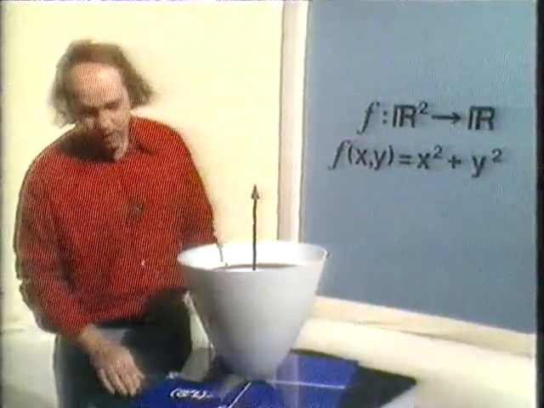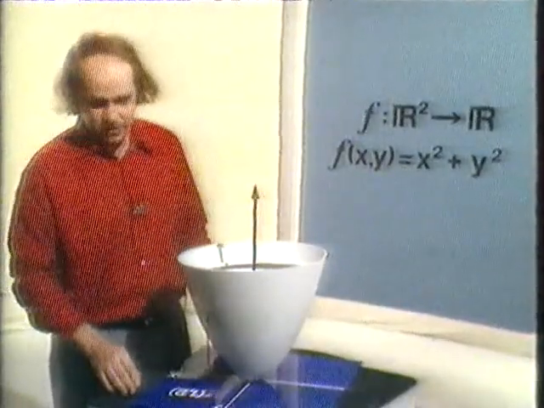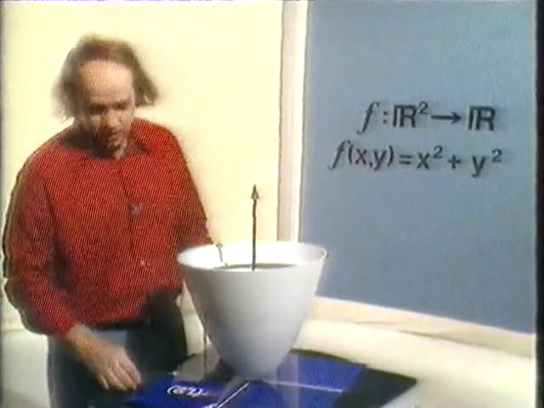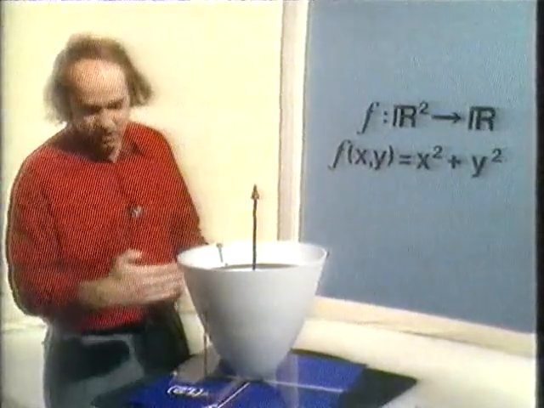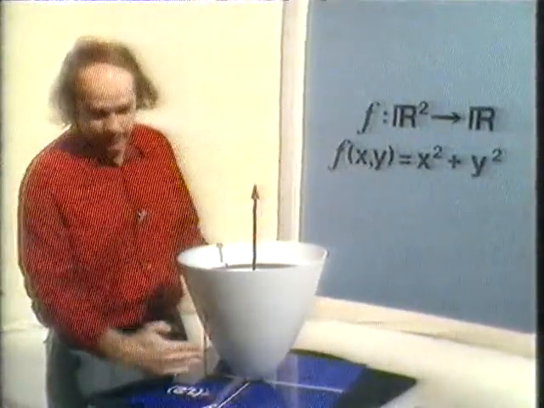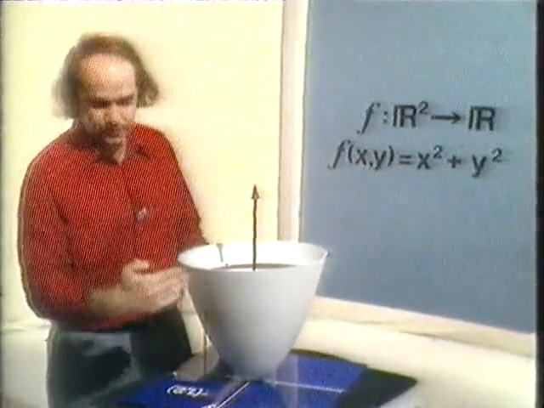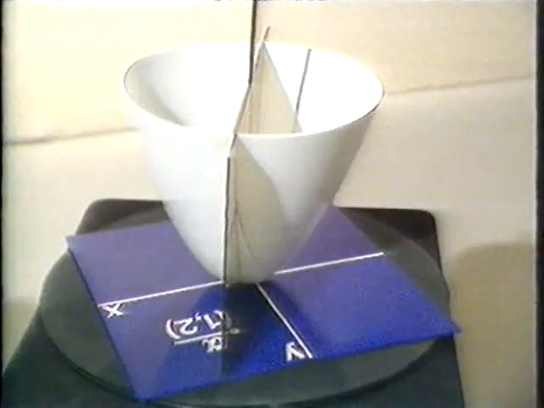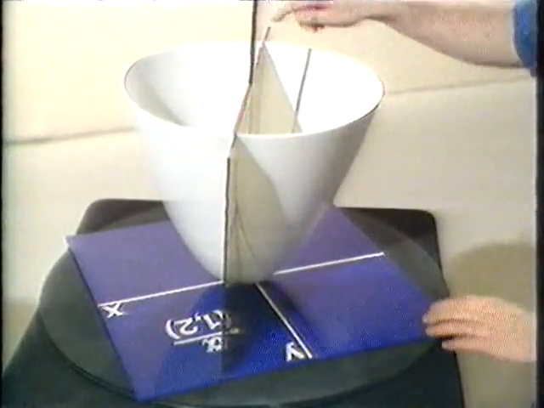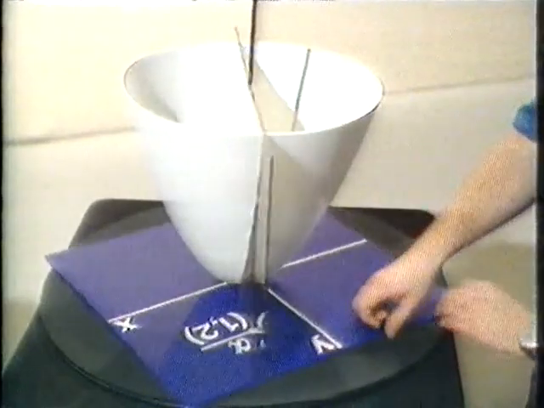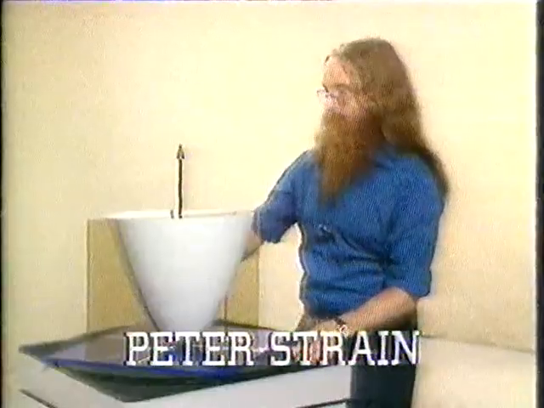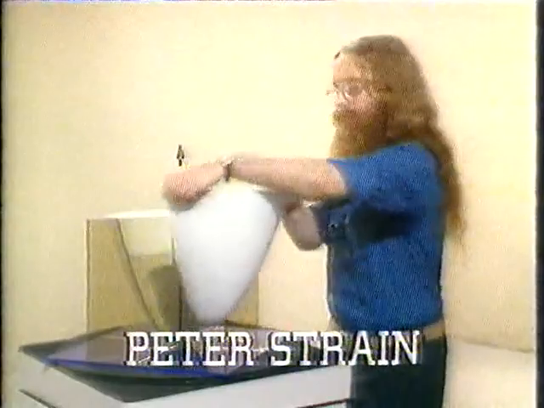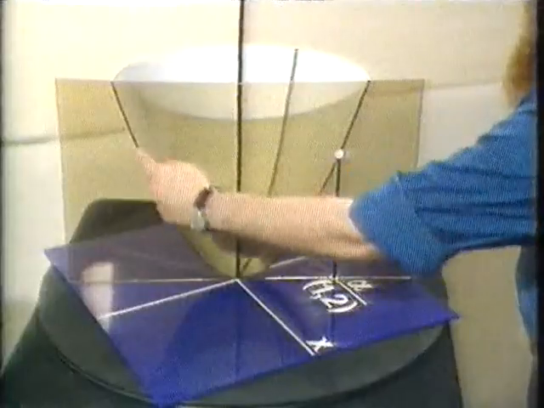Now there's a quick way of getting an R to R function, and that is to slice this surface by a vertical plane through this point. So here's our general slice, and if I turn the model round like this and remove this part, what we can see is the cross-section.